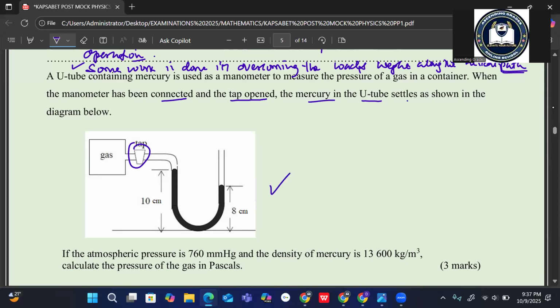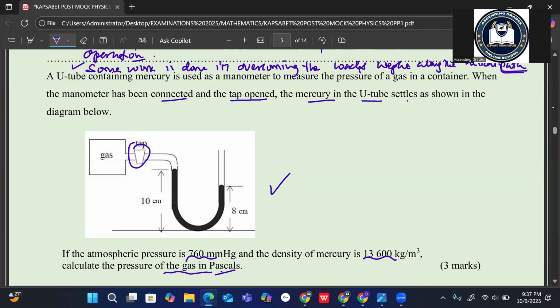And now you are told, if the atmospheric pressure is 760 and its density is 13,000 kilograms per cubic meter, calculate the pressure of the gas in pascals.